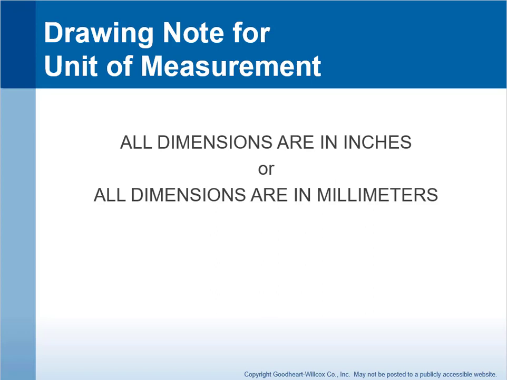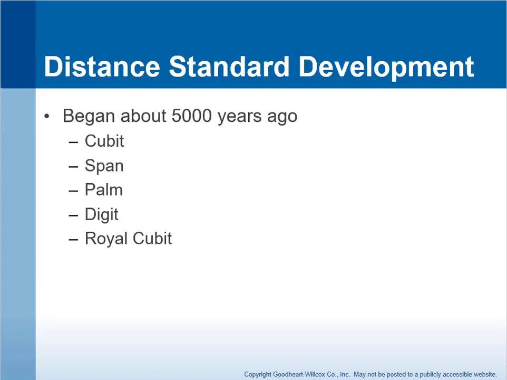I'm going to talk a little bit about the history. There were units in the past: cubits, spans, palms, digits, royal cubits. Mankind has been trying to define these standards of distance, but they weren't very accurate and weren't really well defined, unlike what we're talking about today in terms of inches or millimeters.